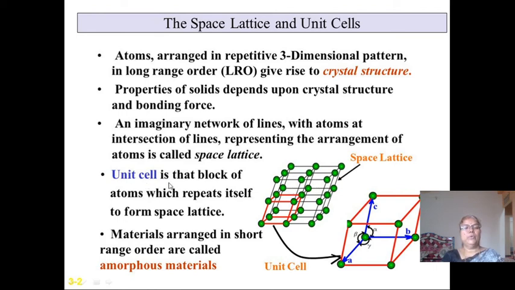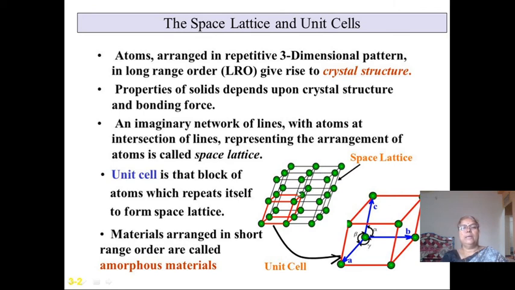Okay, the unit cell is a very small unit of the crystal structure. It retains the original properties of the crystal structure. Smallest unit of the space lattice, crystal lattice, it retains all the properties of the crystal structure.